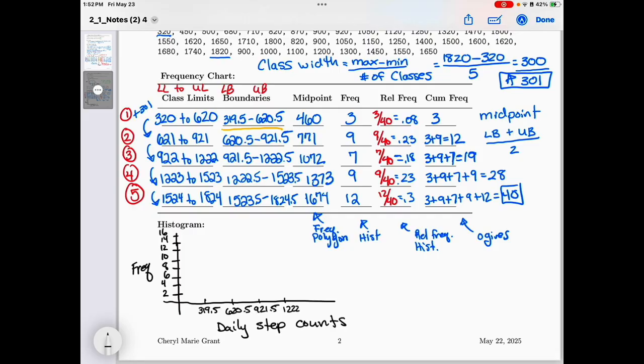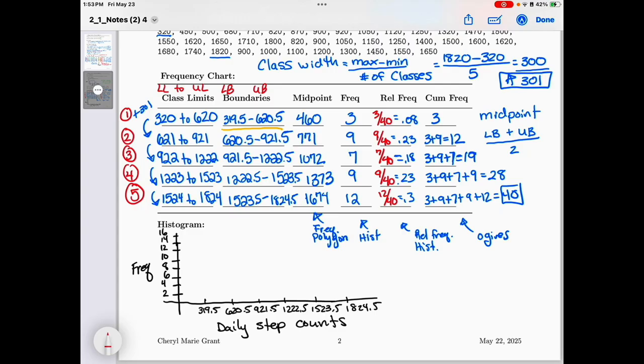Then we have 1,222.5. And then we have 1,523.5. And then the last value for the boundary is going to be 1,824.5.